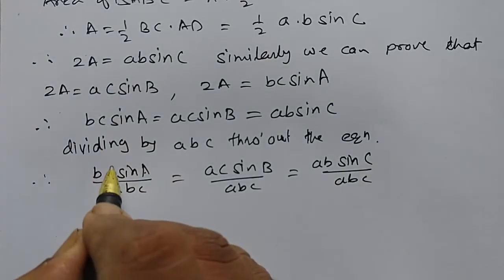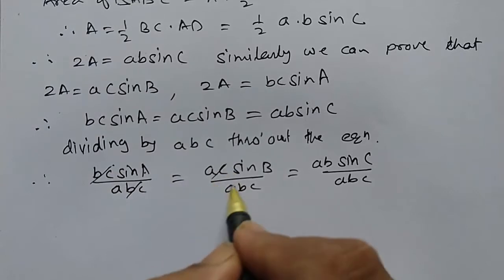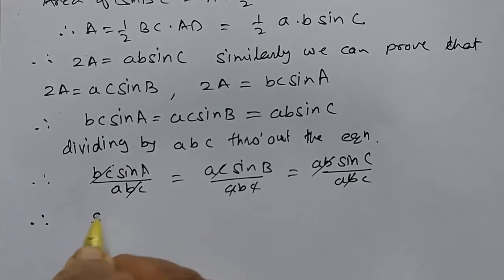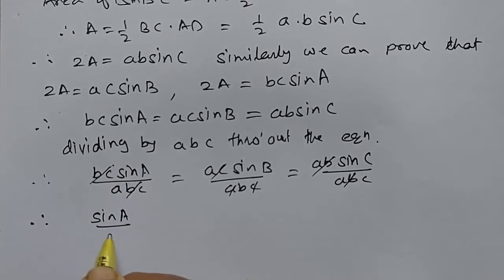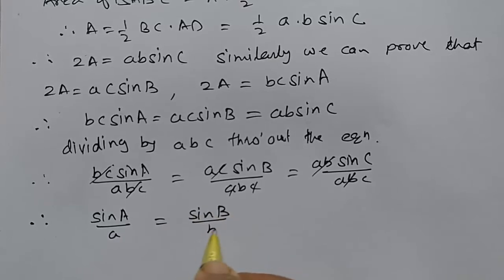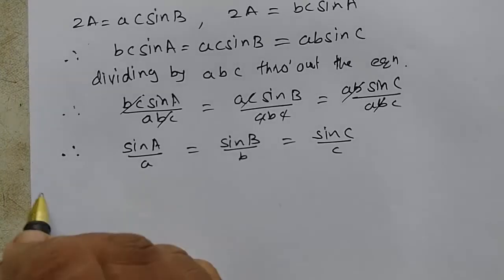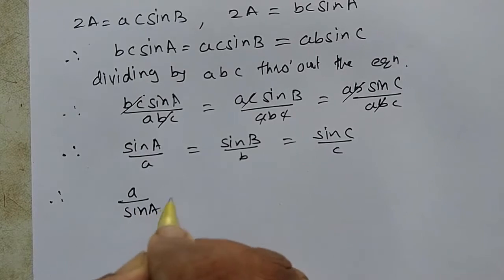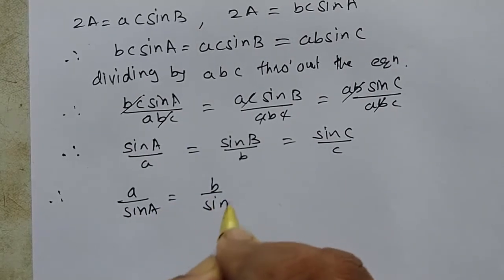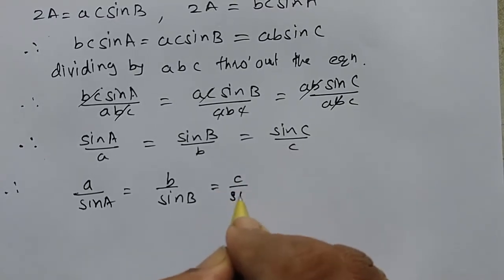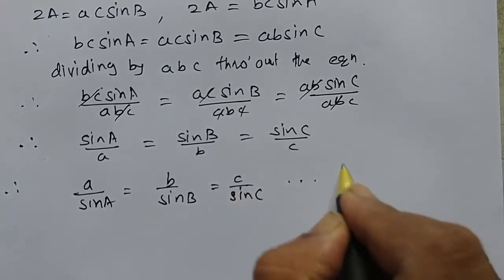Cancelling the factors BC, AC, AB, we get sine A upon a, sine B upon b, sine C upon c. Therefore, we can write a upon sine A, b upon sine B is equal to c upon sine C. This is result number 1.